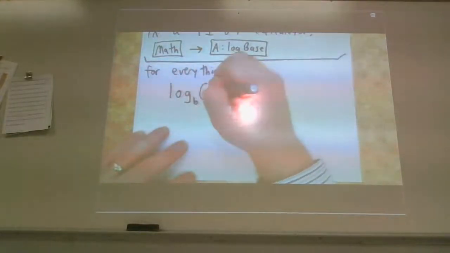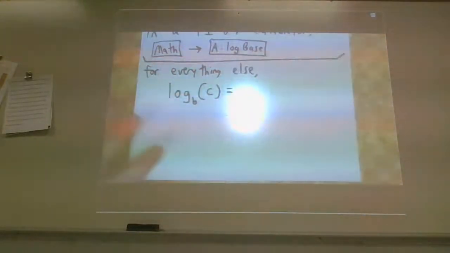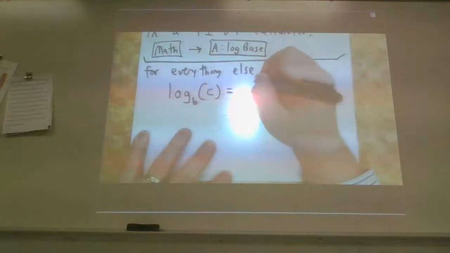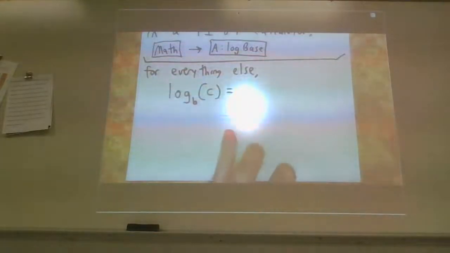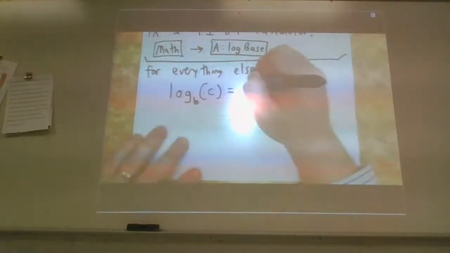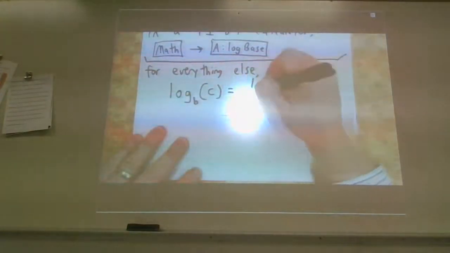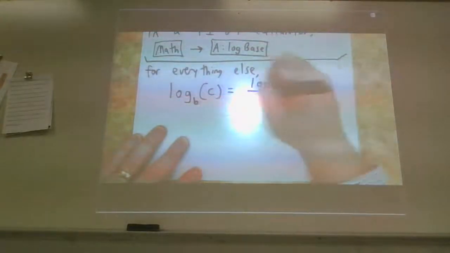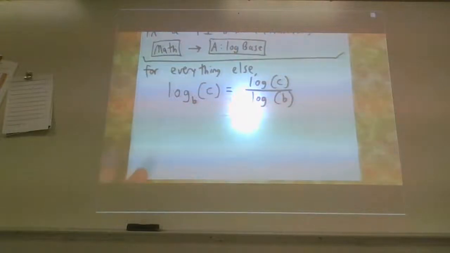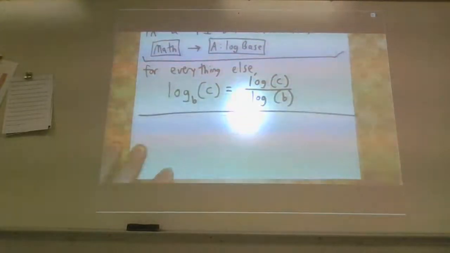But for everything else, this is what you've got to do. If you want to calculate log base b of c, you actually have to do the following fraction, and you need to know it just as a backup. There we go. For everything else, you need this.